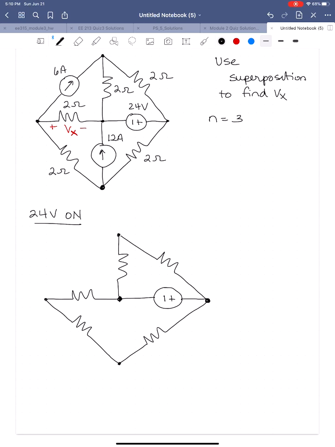So only one source is on, the 24 volt source. So we have 2 ohms here, we have 2 ohms here, we have 2 ohms here, 2 ohms here, and 2 ohms here.